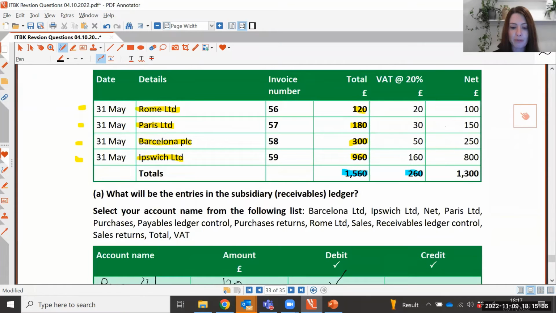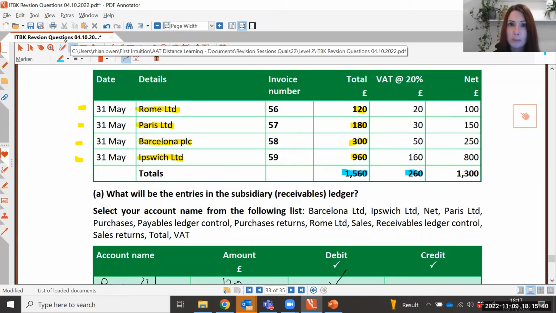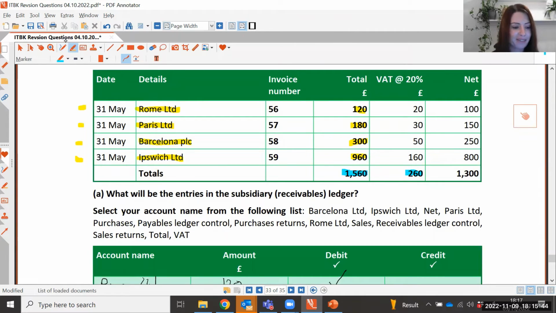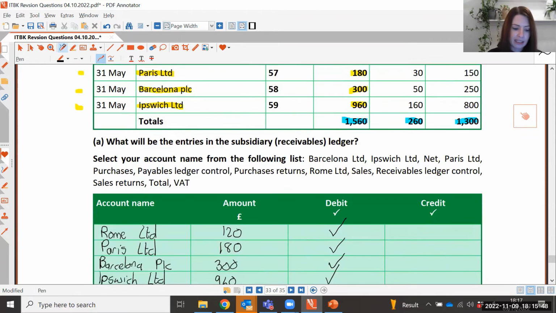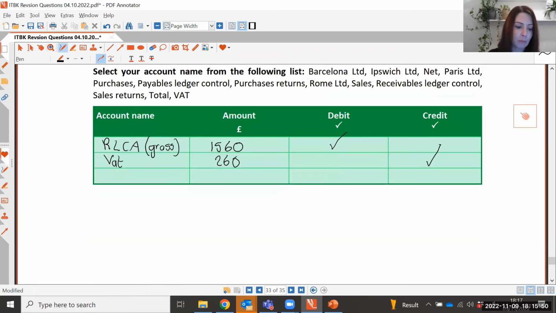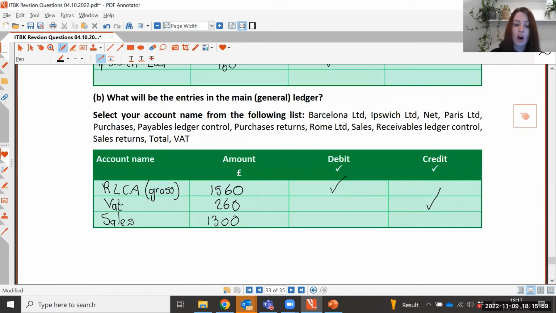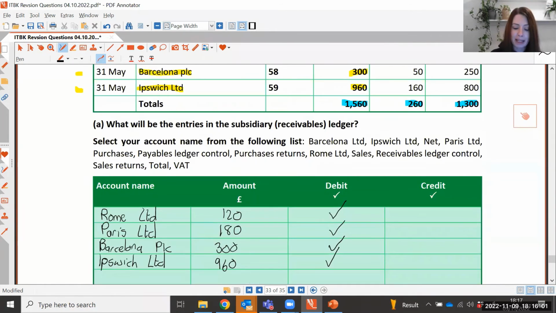And then lastly, we've got this net column. So the net amount, which account do we post that to? The sales account. Brilliant. Yeah. So the 1,300 is posted to the sales account, which is an income account. So would we debit or credit the sales income account?